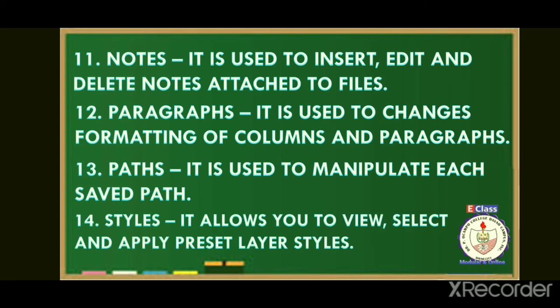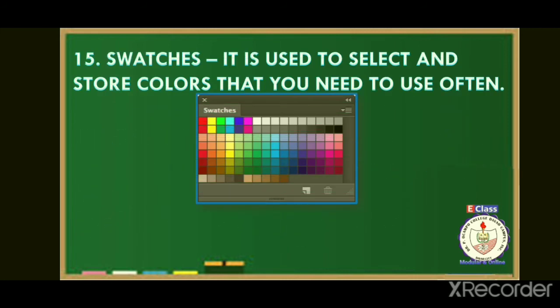Next, number 14, styles. It allows you to view, select, and apply preset layer styles. You can use these styles in the palette or add them using the create new style icon. Next is number 15, swatches. It is used to select and store colors that you need to use often.